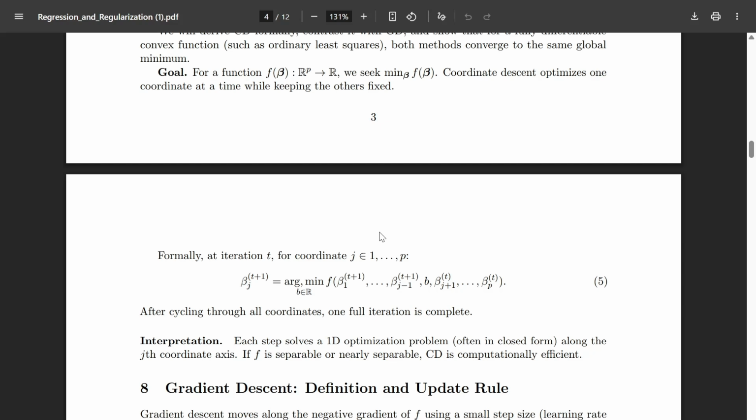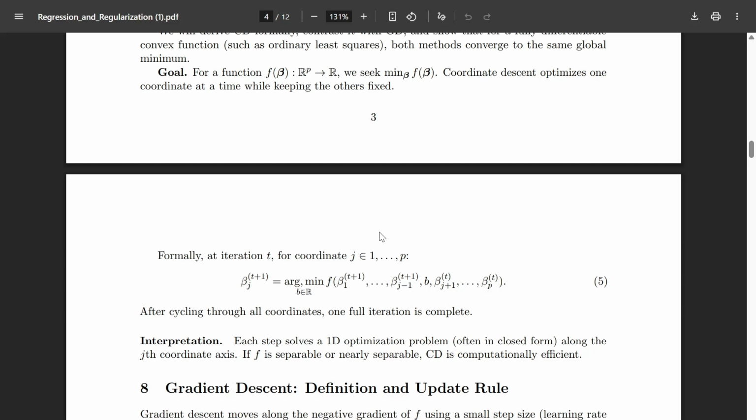A closed form solution is where you just do the derivative over one parameter and set it to 0, and then you automatically find the optimal parameter value. So you do not have to do a descent to find the optimum because you have a closed form solution in the first place. You can literally just set it to 0 and find the minima.